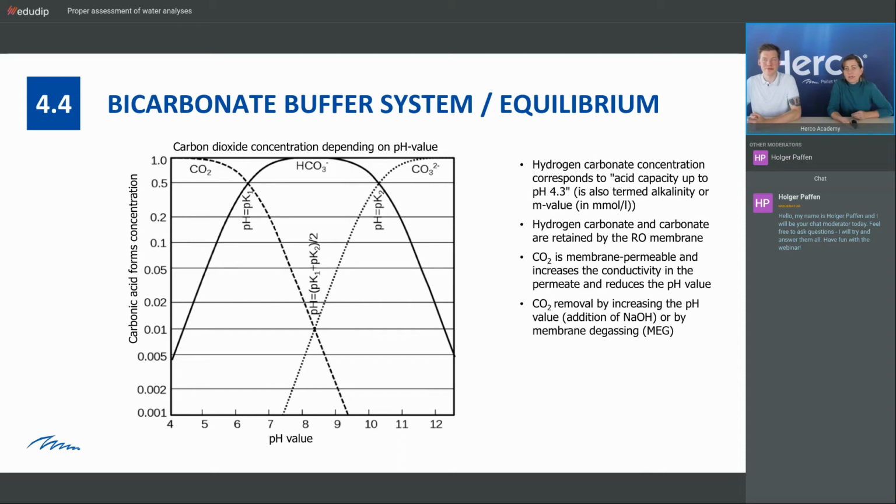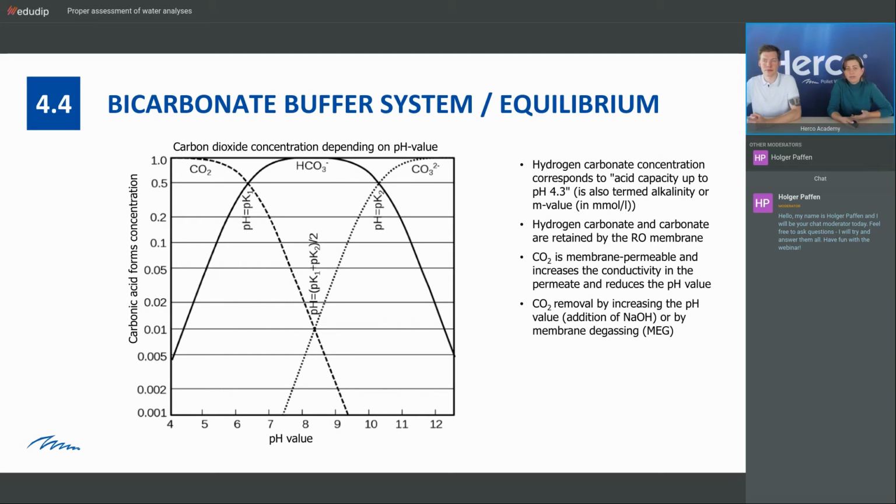And the hydrogen carbonate concentration equals basically the acid capacity up to pH 4.3, which is measured by titration. It's also called alkalinity sometimes, or M value. It's important, for example, when you think about pretreatment and how to remove iron and manganese.